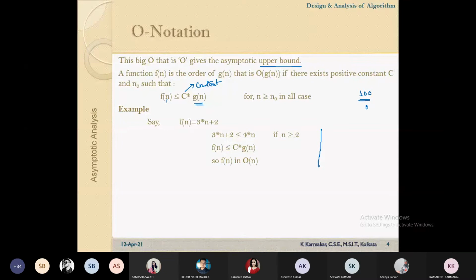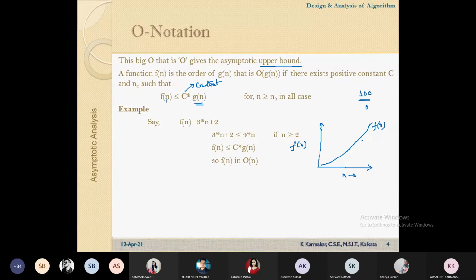Suppose a function is given. In this direction we are changing the value of n, and here we are putting the value f(n). This is the function f(n).